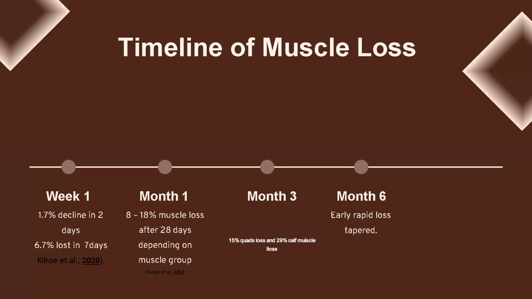Data beyond 3 months is limited at the moment, but extrapolated trends show an early rapid loss that then tapers around the 4th, 5th month period. Typically, another 5 to 10% loss accumulates between 3 and 6 months, with more in critically ill individuals and individuals with chronic illnesses.